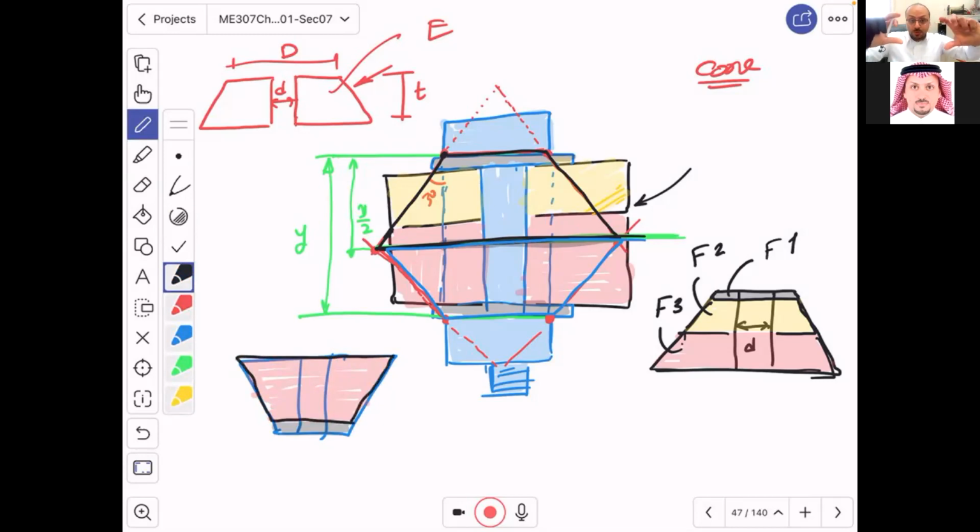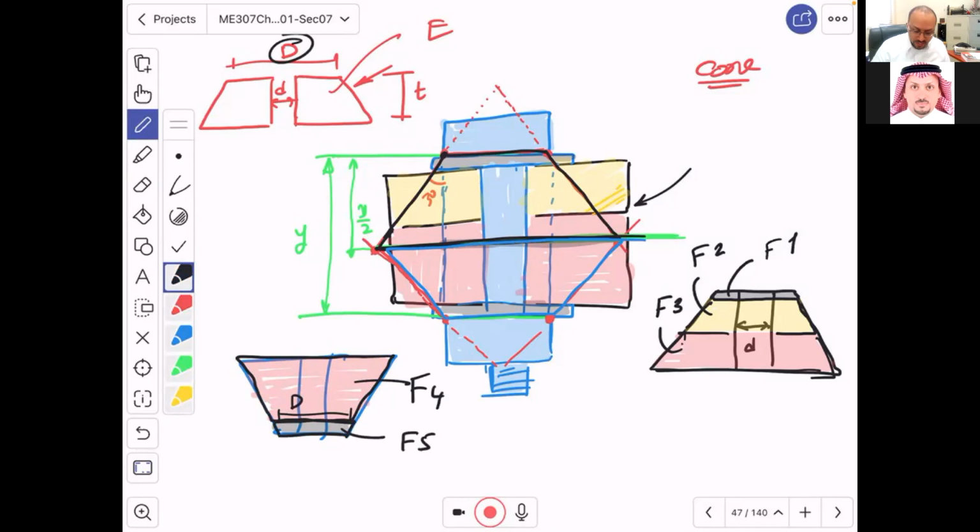Pay attention, this is flipped. Okay? The big diameter, which is the smaller diameter of the frustum, is here. This is D now. And then this is frustum number 4. And then in here, I have a frustum number 5.